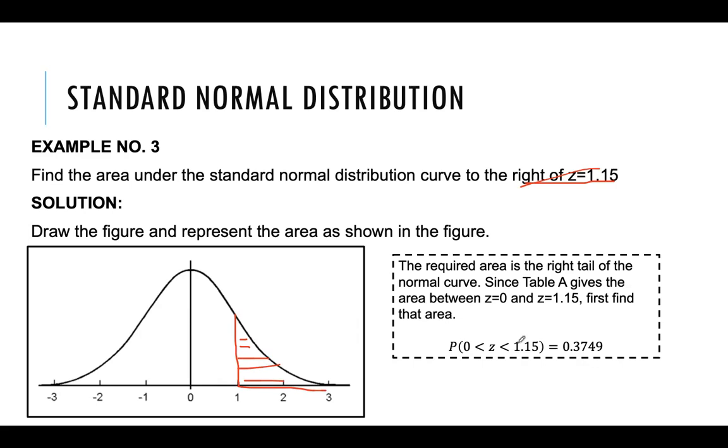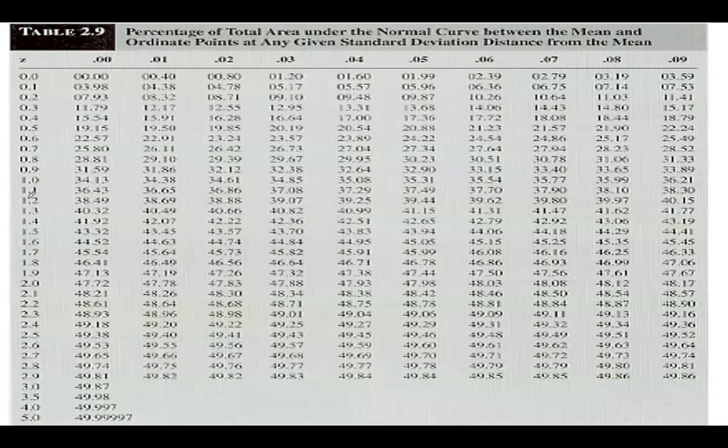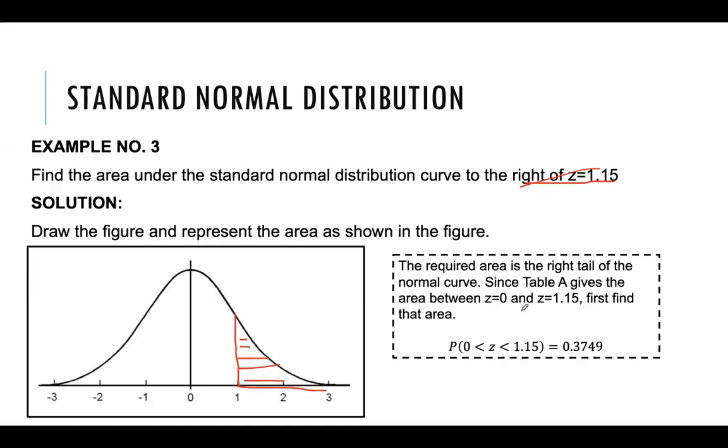In table 2.9, class, it gives the area of 0.3749 for the z value of 1.15. In table 2.9, 1.15 is 37.49.